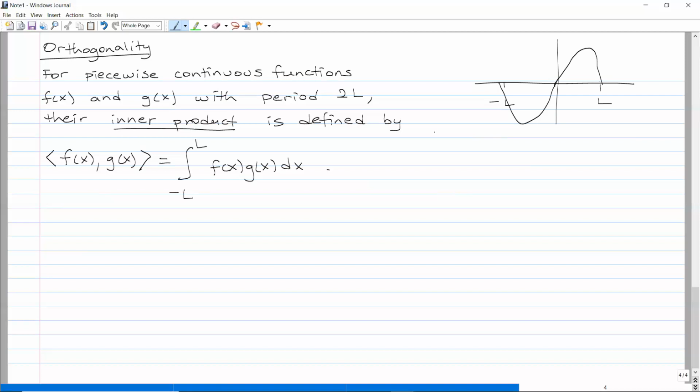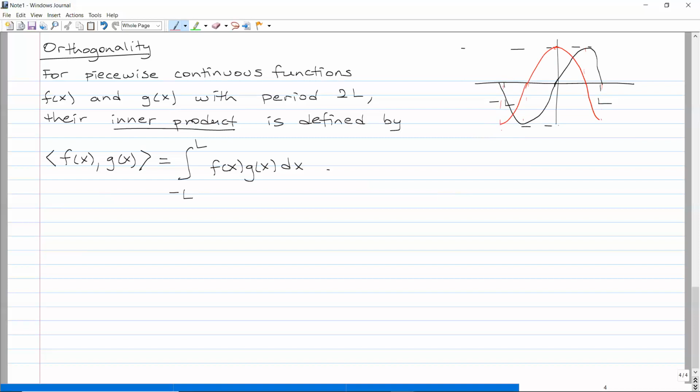For the sine function, an odd function, and for the cosine, it is going to be something like this.